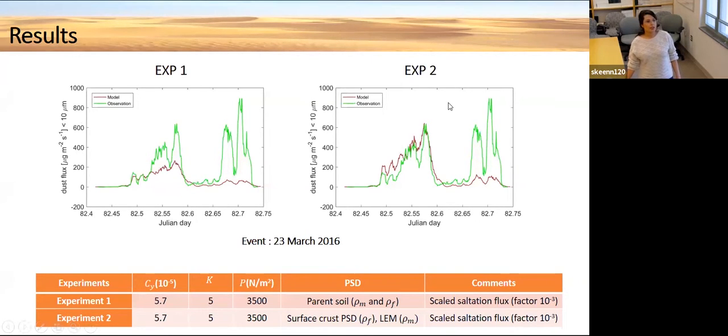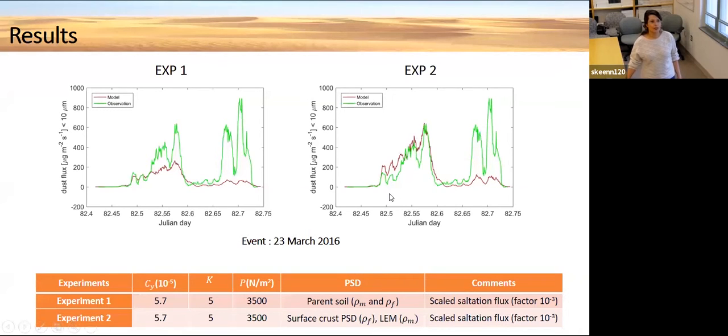So in the third experiment, as we can see from the graphs, we were getting a better magnitude and timing by having a better representation of the particle size distribution, by replacing the fully dispersed PSDs with the crust PSD and the minimally dispersed PSD with the LEM PSDs.